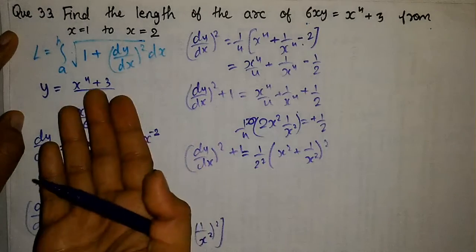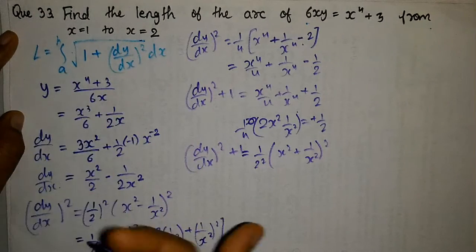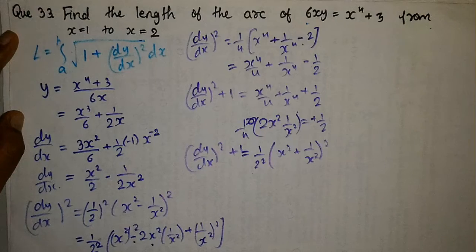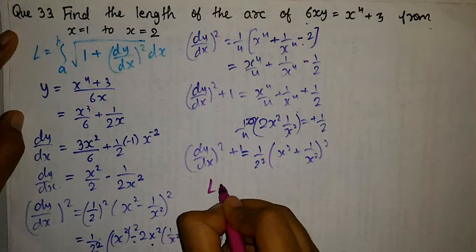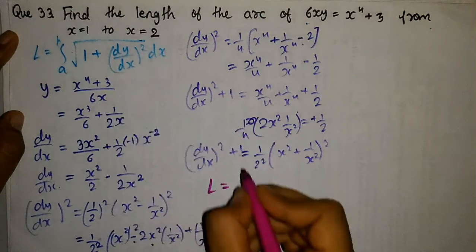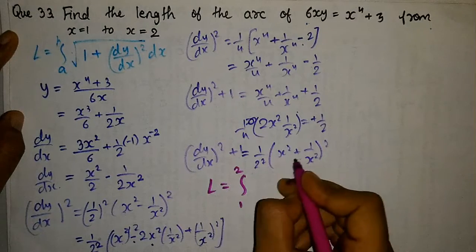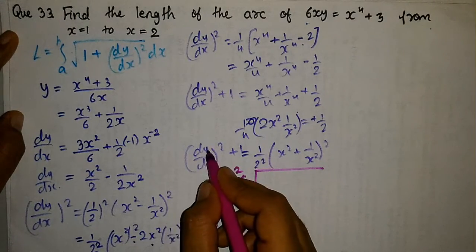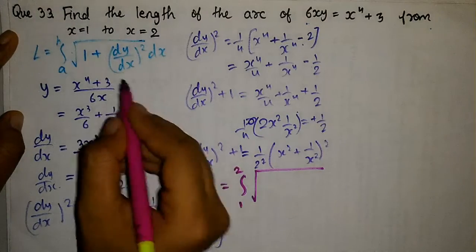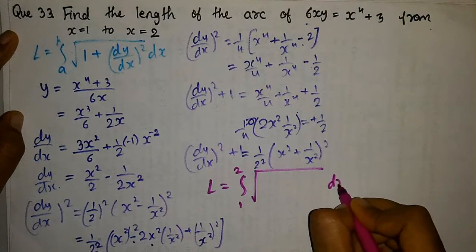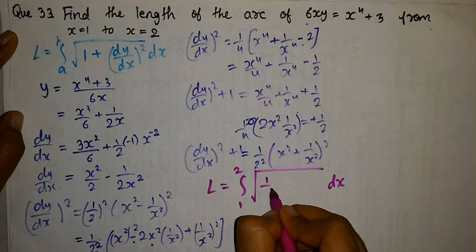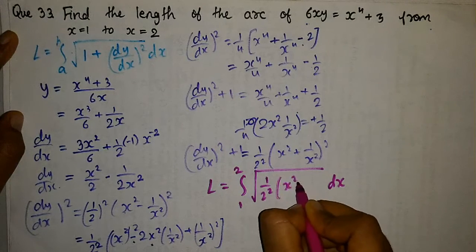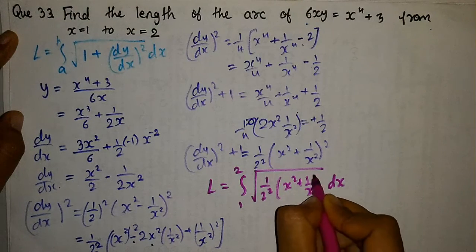Now we just have to integrate this term. So L is equal to the integration with limits from 1 to 2 of the square root of (dy/dx)^2 plus 1, which we have already found, into dx. So it is 1/2 squared into (x^2 + 1/x^2) whole square.